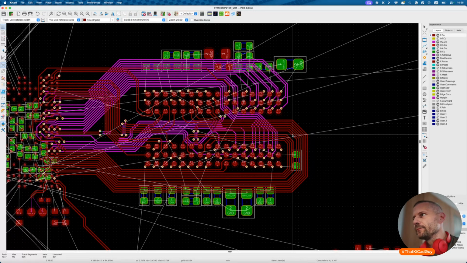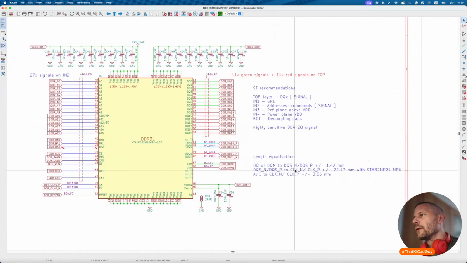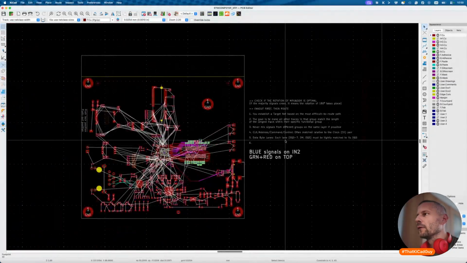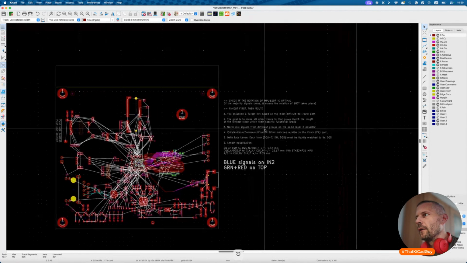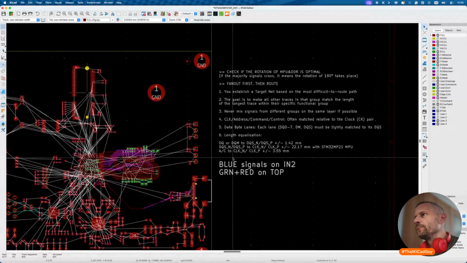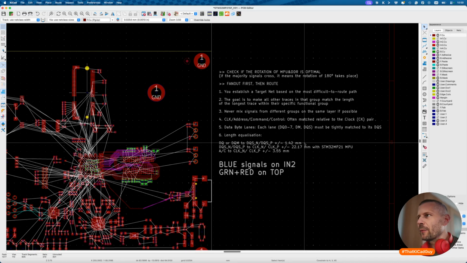And we know that the data signals and strobe signals must be tightly matched.